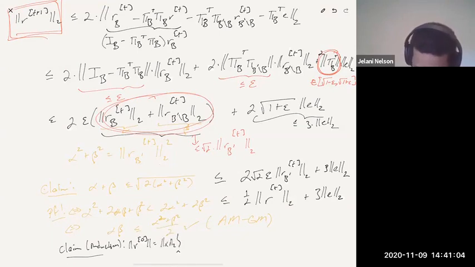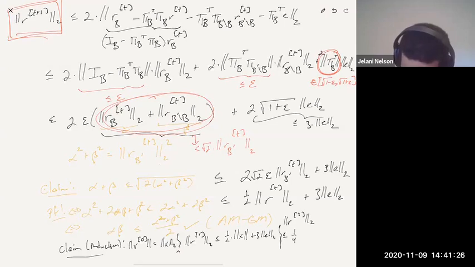Meanwhile, R1 we said is at most a half times the norm of x plus 3 times E2. Let's just do one more. So what about the norm of R2? This thing is at most a quarter times the norm of x plus 3 halves times the norm of E2 plus 3 times the norm of E2.